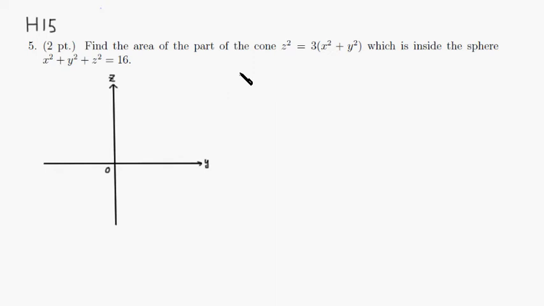So let's examine the equations. x equals 0 gives you that the intersection with the cone would be z squared is equal to 3y squared. Then we can just take the square root of both sides. We get z is equal to plus or minus square root of 3 times y.